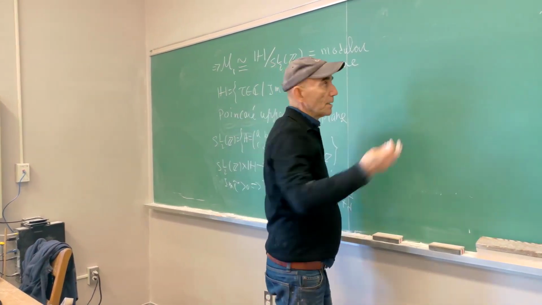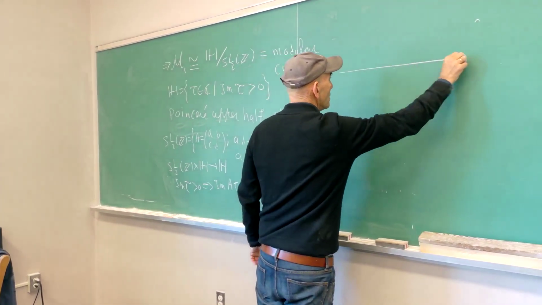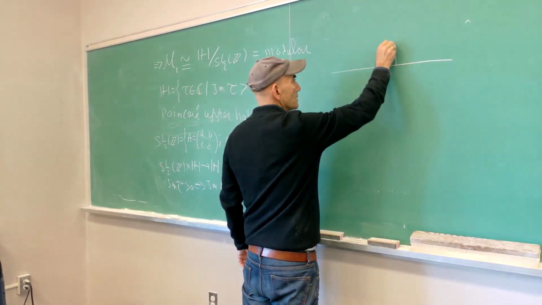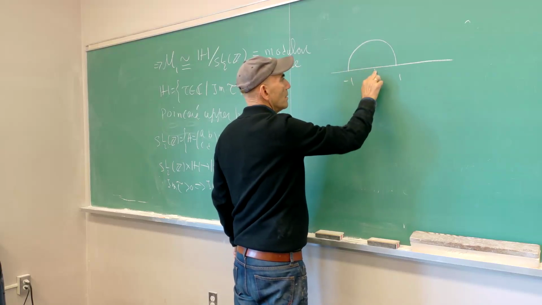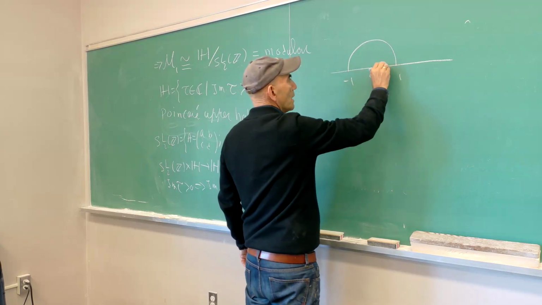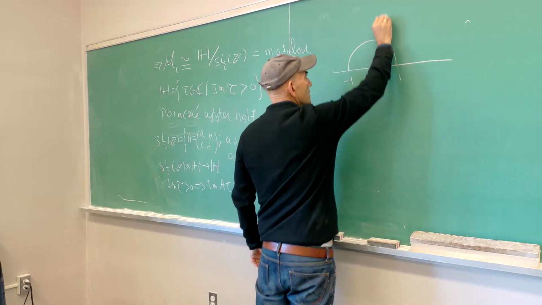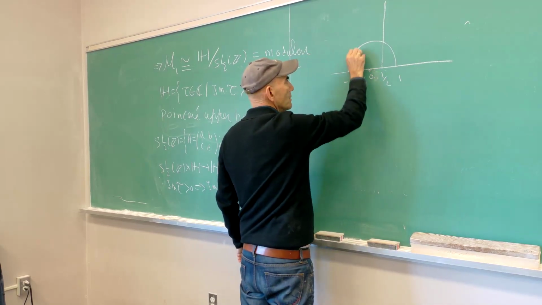And it's like this. There is this circle of radius 1. Zero. And then you have this one half here, you have negative one half here.